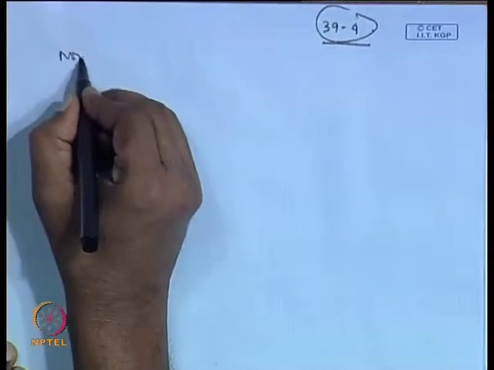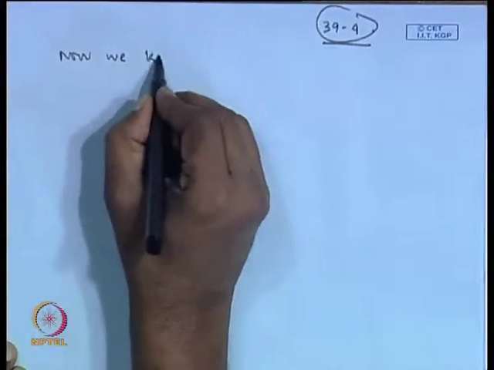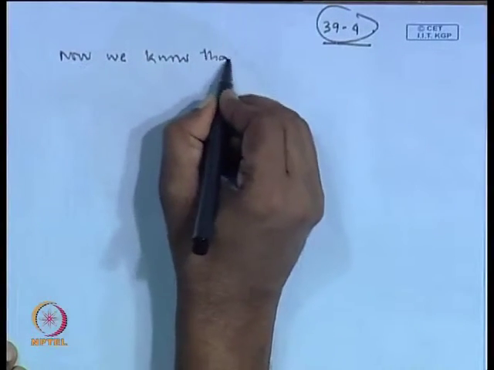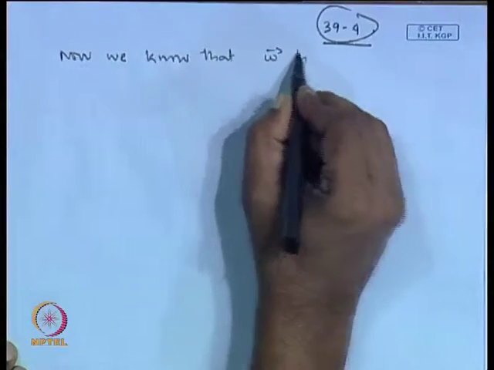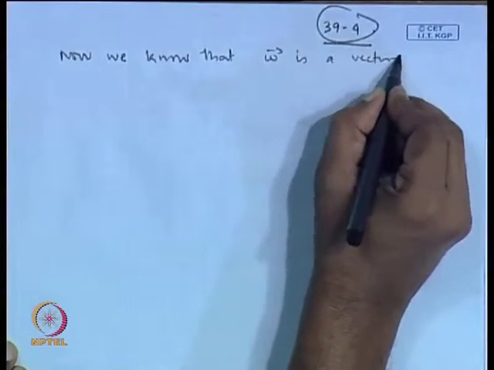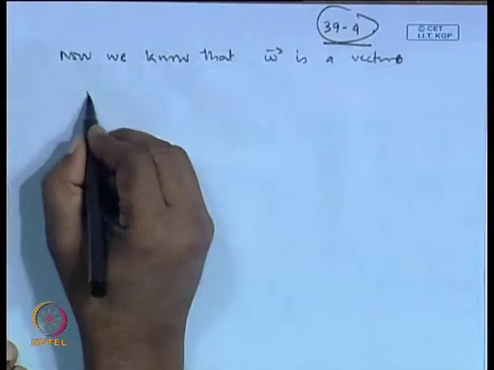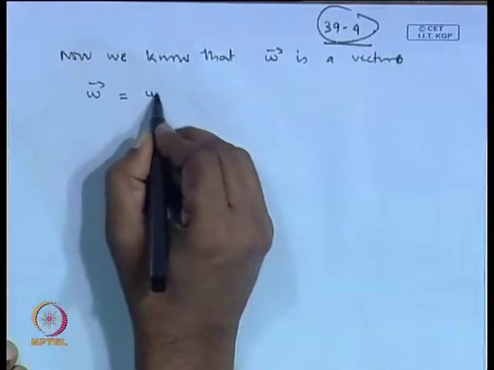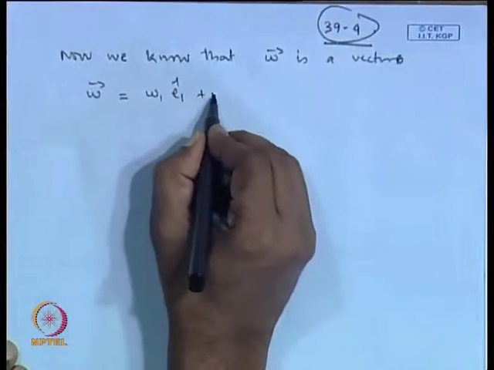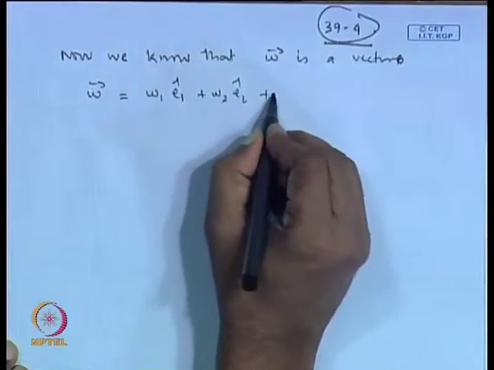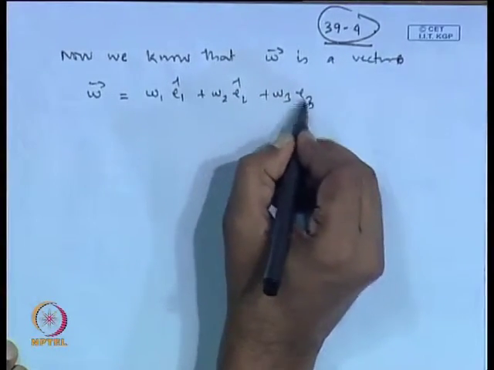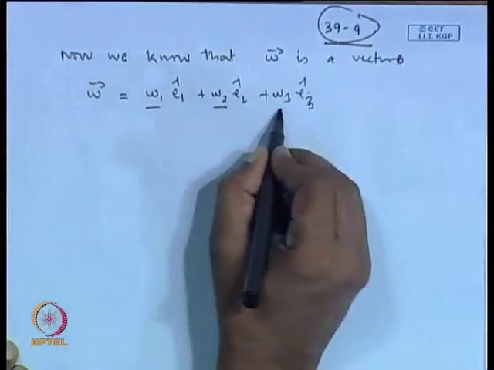Now, we know that omega is a vector, that is omega equal to omega 1 E 1 cap plus omega 2 E 2 cap plus omega 3 times E 3 cap. So, these are the body components.